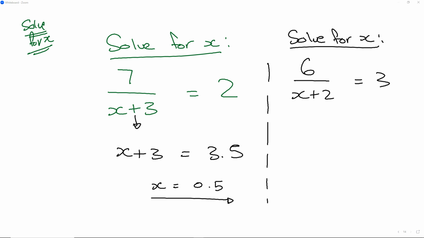Alright, so for this one here, using the blockout method, if I block this out, that should be 2, because 6 divided by 2 is 3. So x plus 2 must be 2. So x has to be 0. Therefore, x is equal to 0. Okay, solving for x.